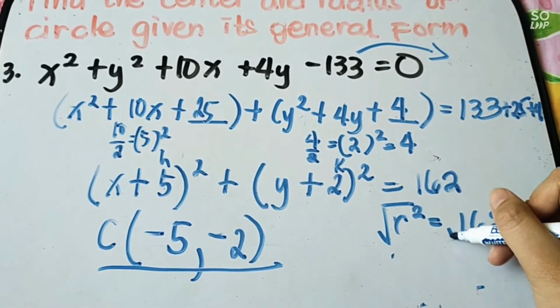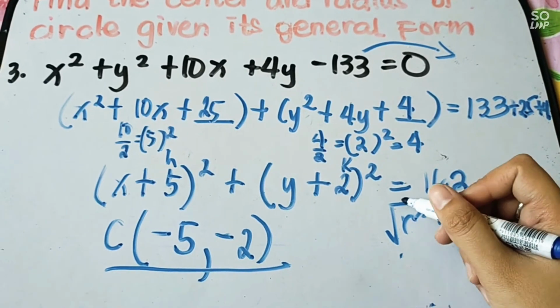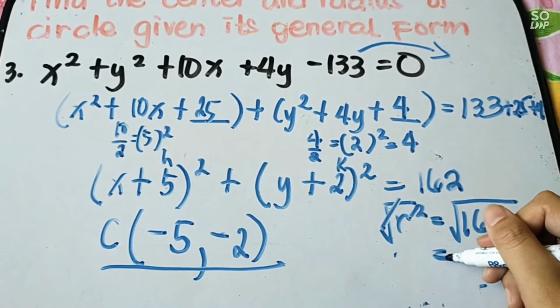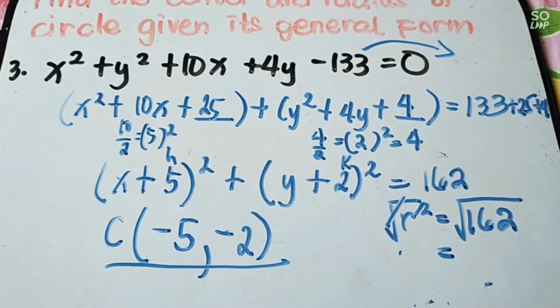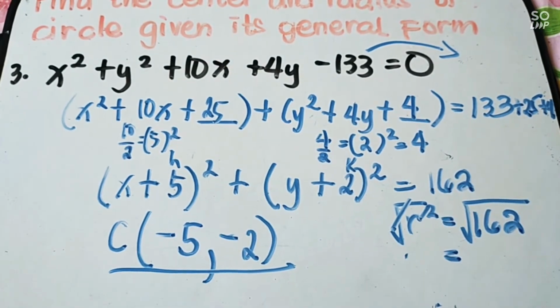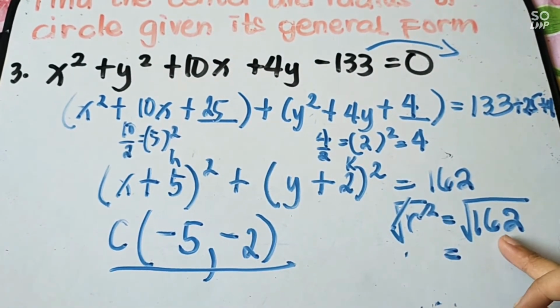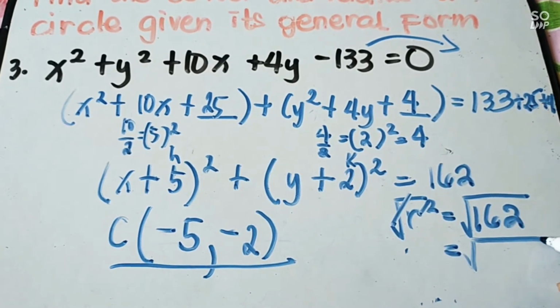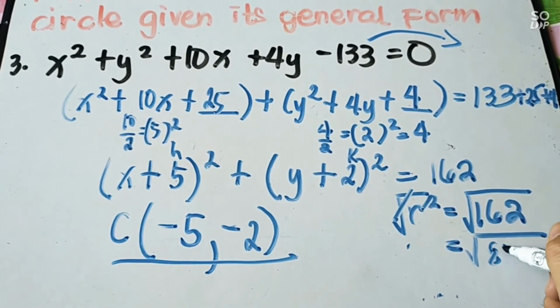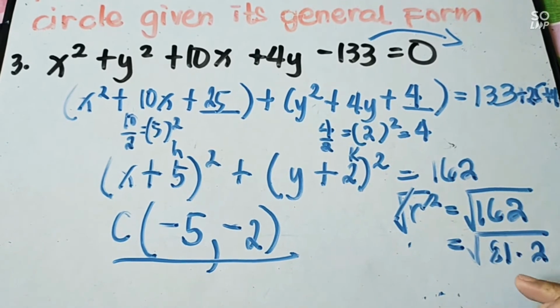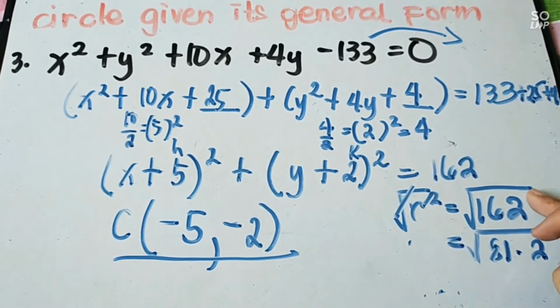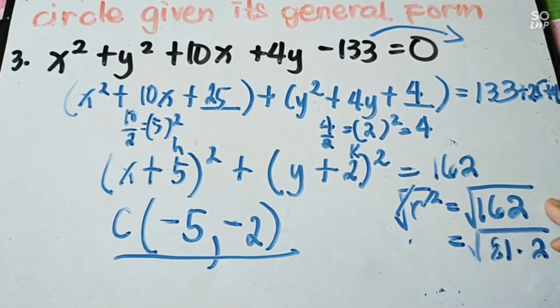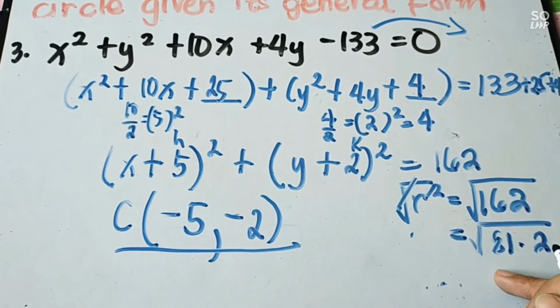Square root both sides, cancel, cancel. Now, we are going to factor 162. What are the factors of 162 such that one factor is a perfect square? So, we have the square root of 81 times 2. If you multiply 81 times 2, the answer is 162. 81 is a perfect square.